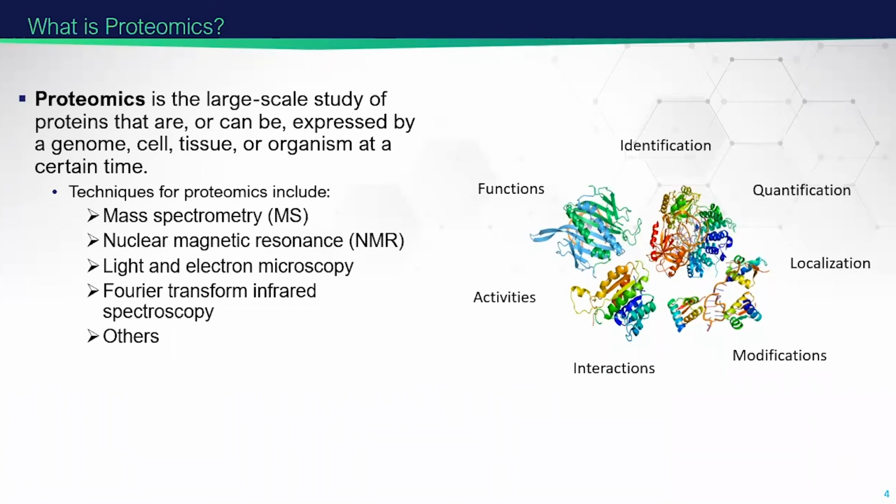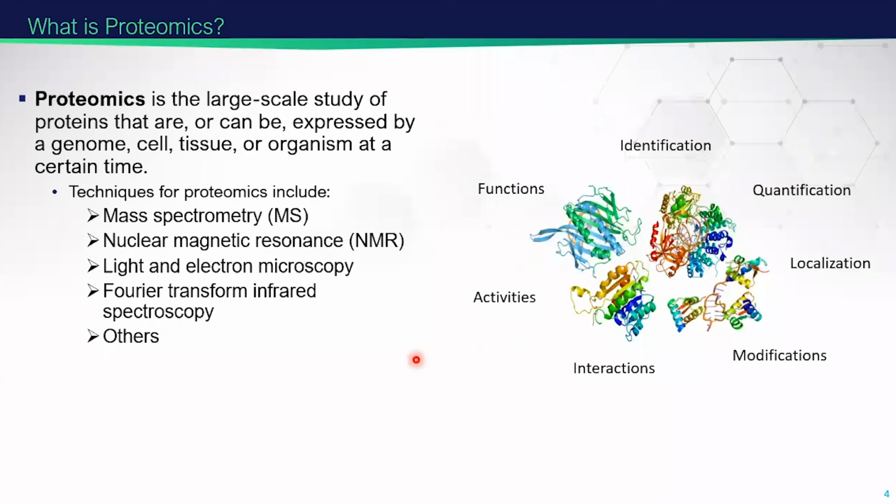So proteomics is really the study of proteins expressed by a biological system. You will study what they are, how much there is, where they are located, and whether they have modifications on them. What are their functions and activities? Do they have interactions between proteins?